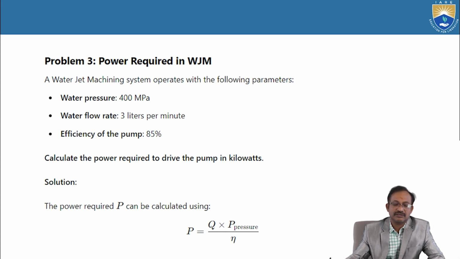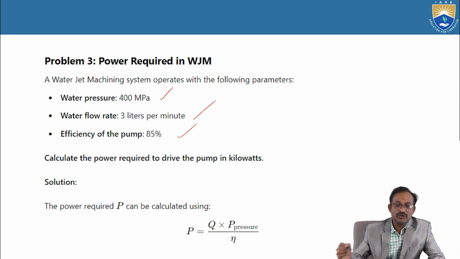Problem 3. Power required in water jet machining. The water jet machining system operates with the following parameters: water pressure 400 megapascals, water flow rate 3 liters per minute, efficiency of the pump 85%. Calculate the power required to drive the pump in kilowatts.